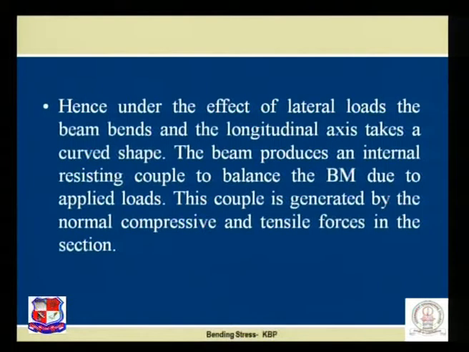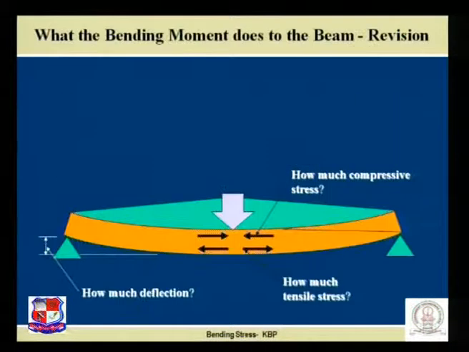Hence, under the effect of lateral loads, the beam bends and the longitudinal axis takes a curved shape. The beam produces an internal resisting couple to balance the bending moment due to the applied loads. This couple is generated by the normal compressive and tensile forces in the section.